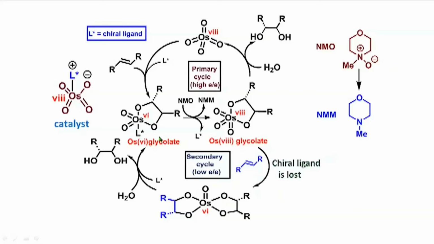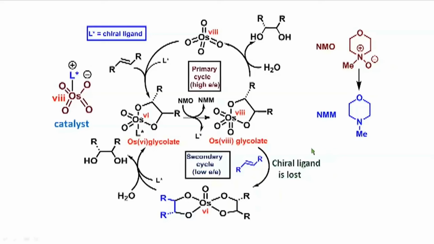And so what needs to be done is, of course, this particular osmium(VI) glycolate should get hydrolyzed to the chiral diol, which will be of high enantiomer purity, before it is oxidized to this osmium(VIII) species, because this is the osmium(VIII) species that is the culprit to oxidize the olefins present in the reaction medium.